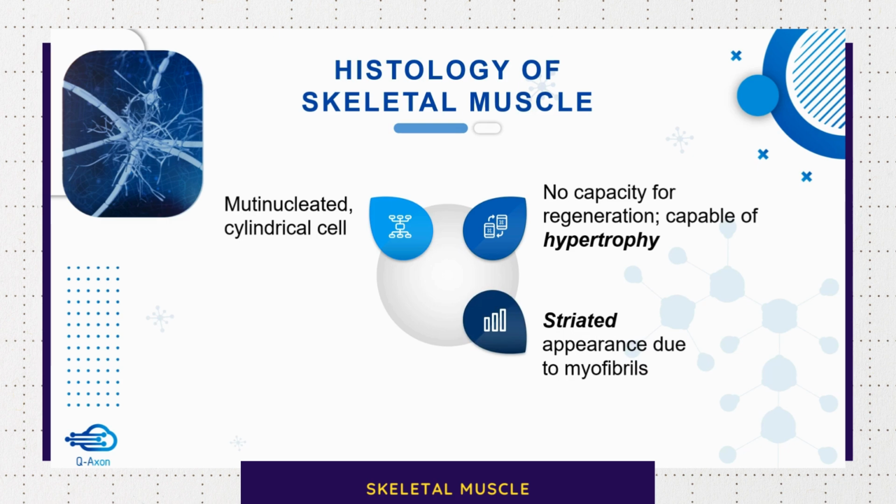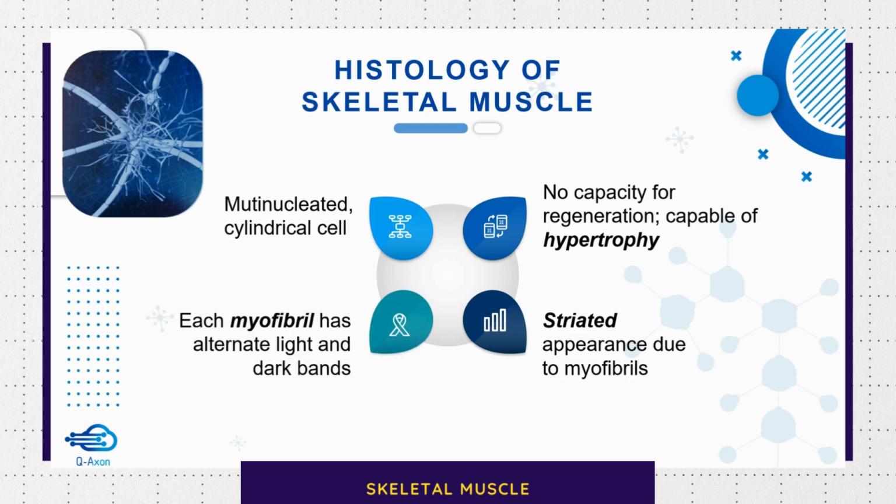Now under the microscope, the skeletal muscle fibers appear striated. This is due to the presence of myofibrils, which in turn are made up of alternate light and dark bands. So under the microscope, they appear like the stripes on a zebra.